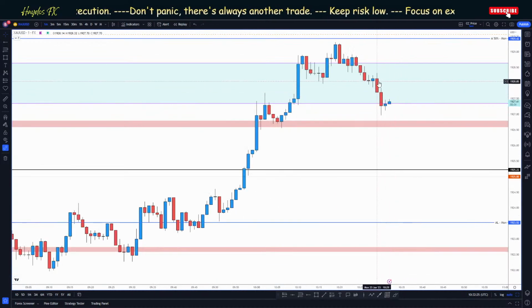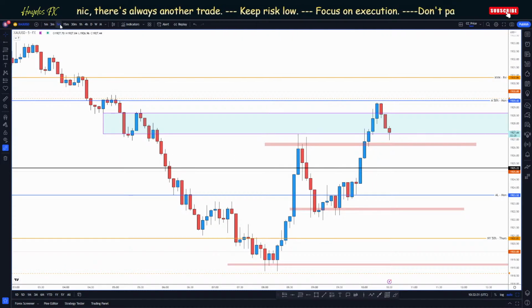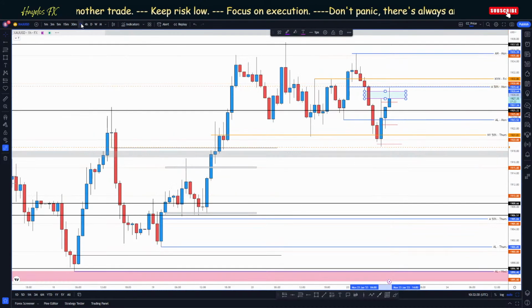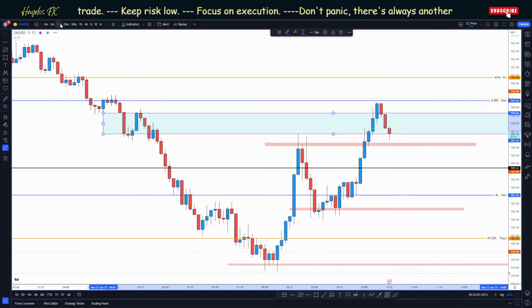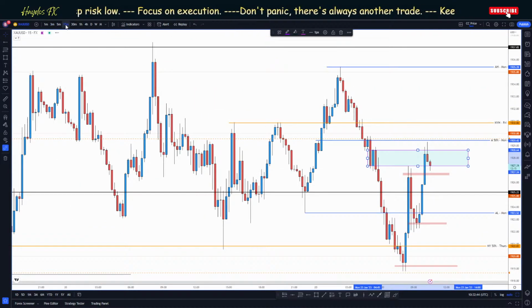This is the liquidity candle here. Why have I got this here? Second structure. Fake out from top of second structure.